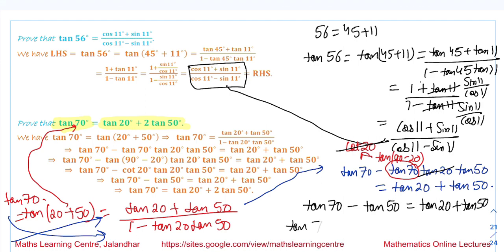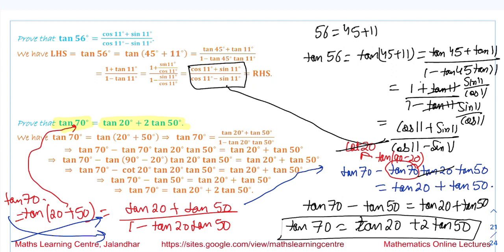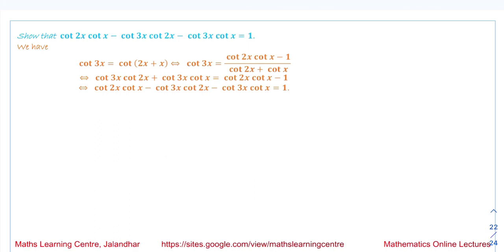So this gives us tan 70 is equal to tan of 20 plus 2 times the tan of 50, and this is what we have to prove.